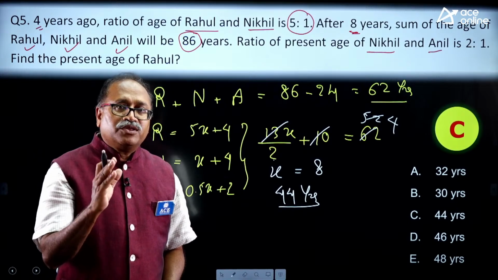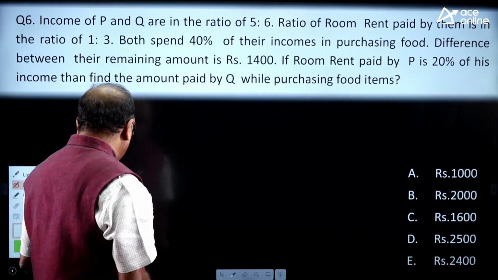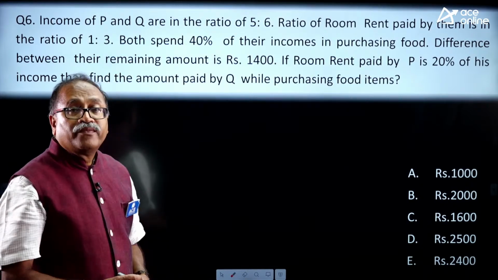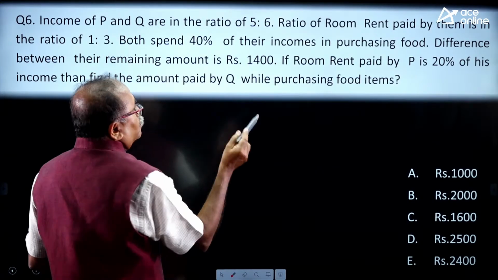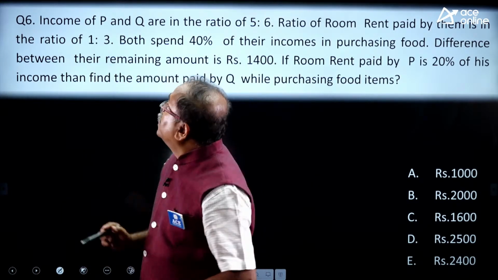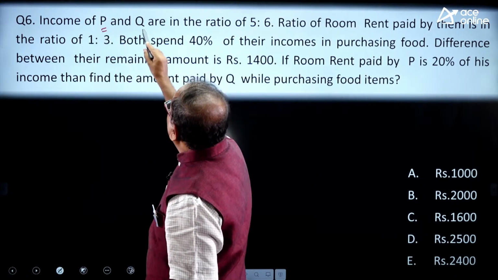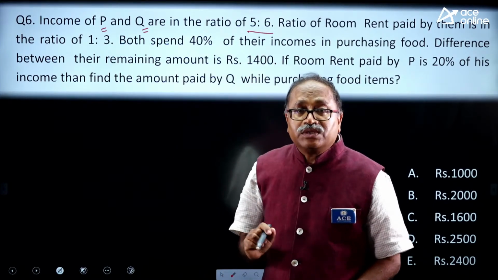The next question on the board is this. Okay, hope everyone is understanding the explanation. What is there here? The income of P and Q. Okay, it is about percentage and ratio mixture. Income of P and Q are in the ratio of 5:6.